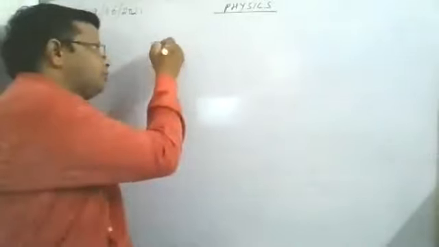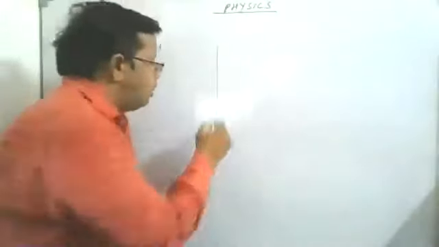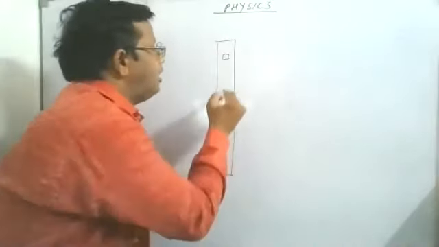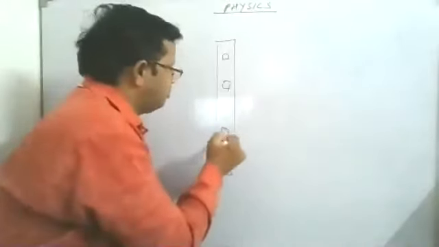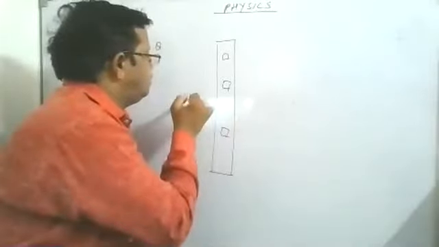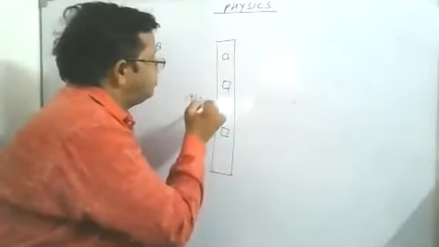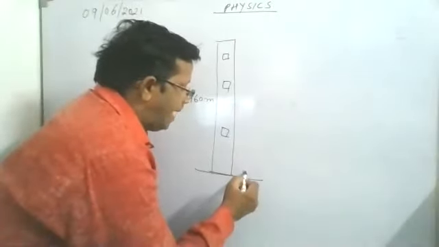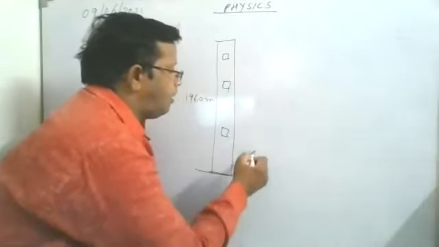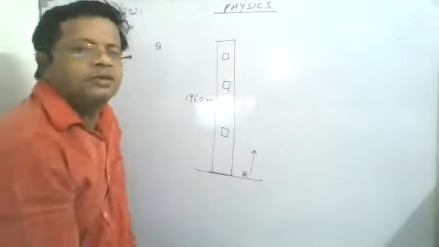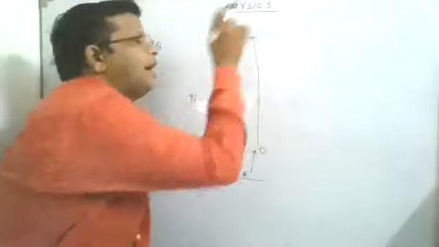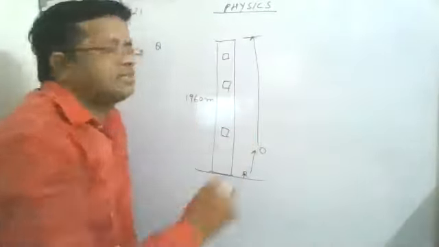One question here. The building of height 1960 meter. With what velocity should a man throw a ball in vertically upward direction so that the ball may reach to the maximum height?